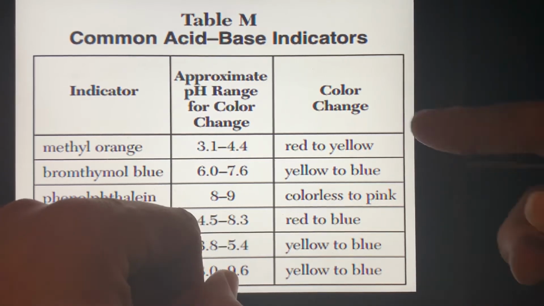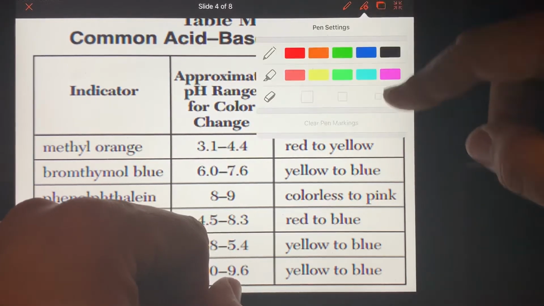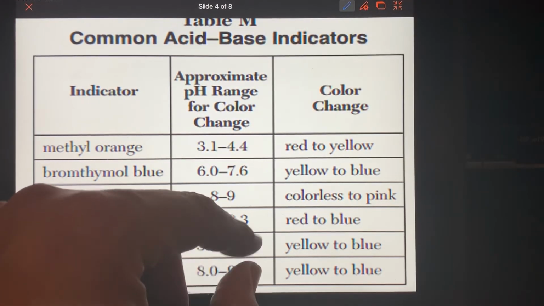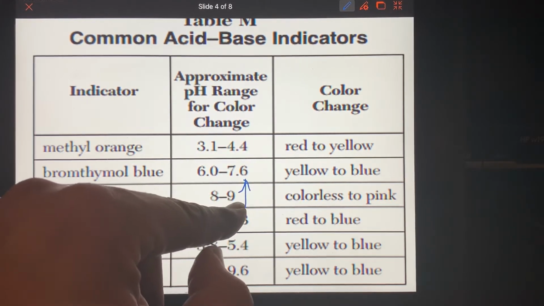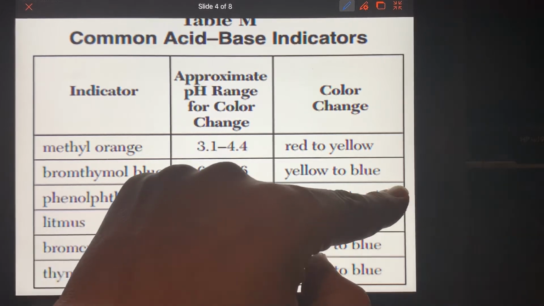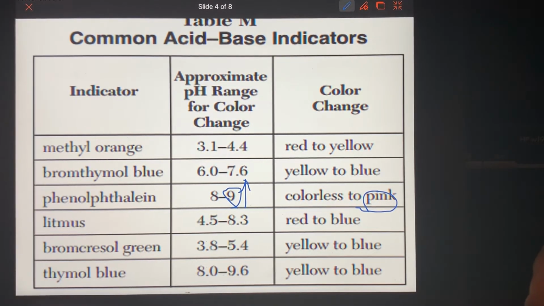The right side numbers are the bases. Right side colors go with the right side numbers. So if our pH for phenolphthalein is above 9, it will turn pink. Pink is anything above 9.